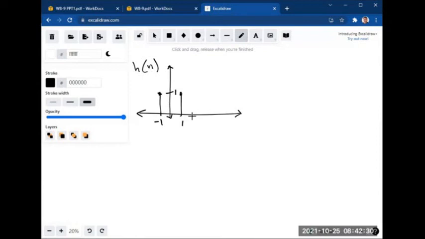Next, we have our x of n here. Let's say our input signal is this one. We have a 1 at 1 and a 1 at 2.